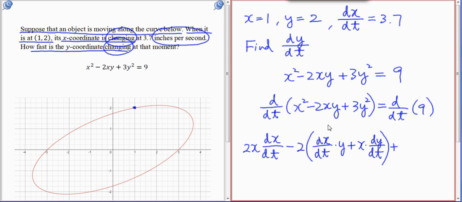We use implicit differentiation again, 6y times dy/dt, which equals the derivative of 9 with respect to t, which of course will be 0. Now, every single term here is divisible by 2. So let's divide both sides by 2.